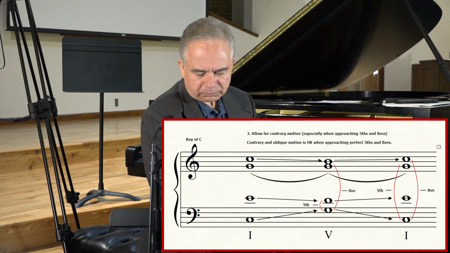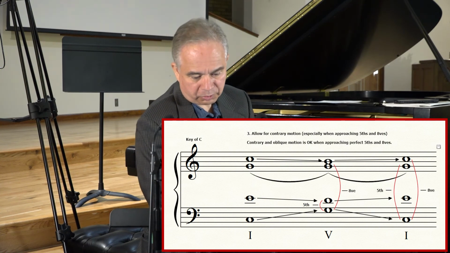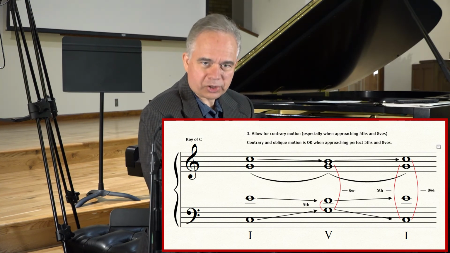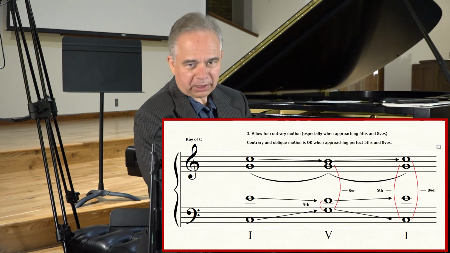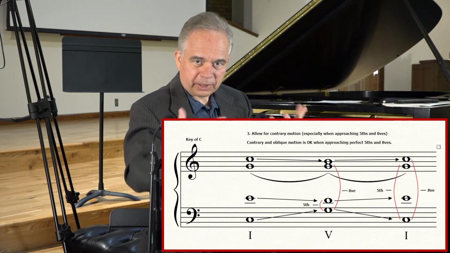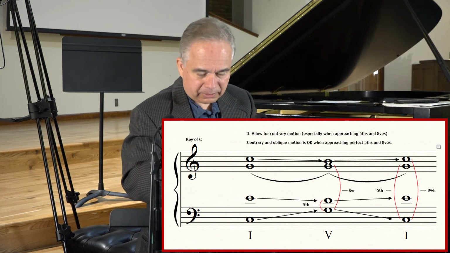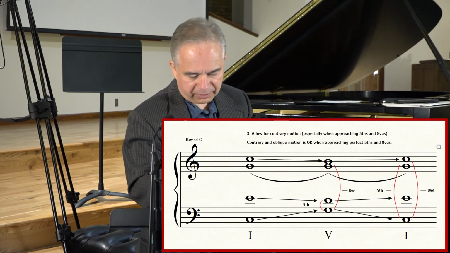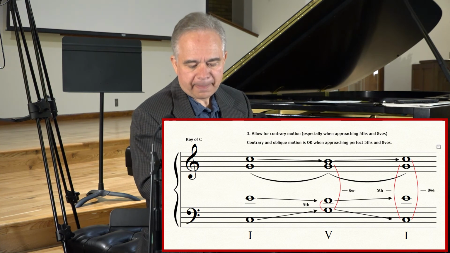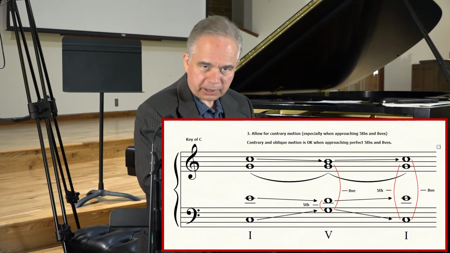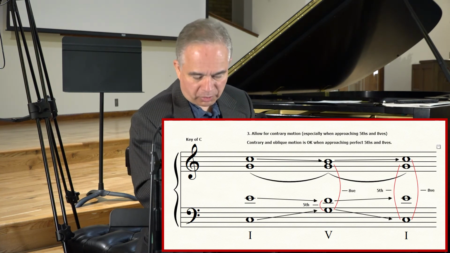So that's why the rule is there. And now rule number 3, we always check for parallels, or if we have the right motion into fifths or octaves. We don't want to have a parallel fifth, and we do want to have oblique motion or contrary motion.